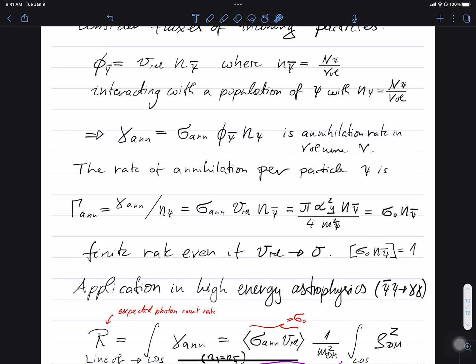And the number density is 1 divided by volume, so it's 1 divided by length cubed, which is mass dimension 3. Overall, this combination has a mass dimension of 1.